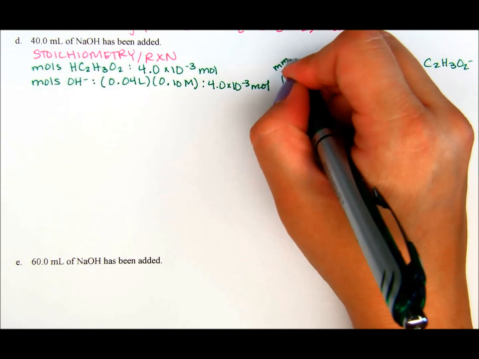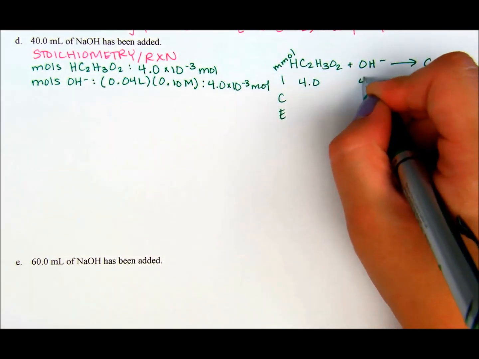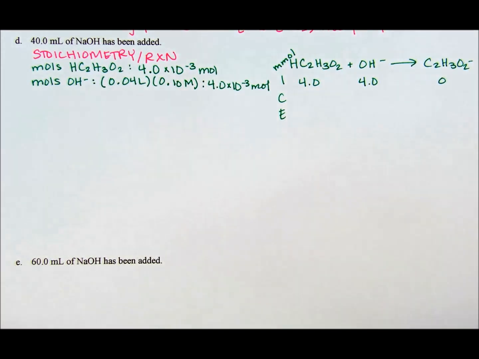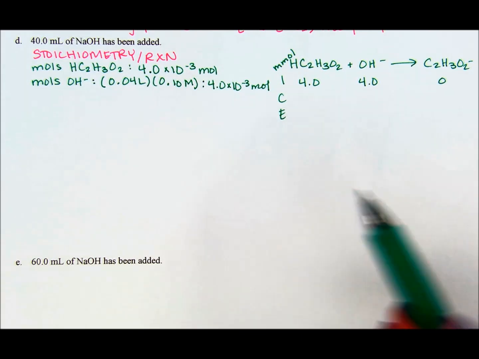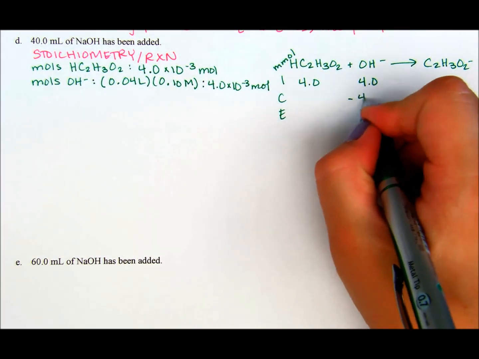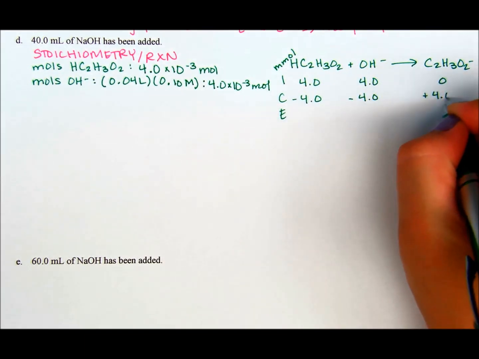And this is millimoles again. So here we're starting with 4 millimoles and 4 millimoles. We haven't formed any. Now we have the exact same amount of both. Neither one of these is going to be limiting. They're going to both be used up. So minus 4.0, plus 4.0.